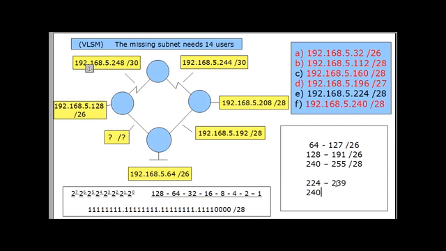So it would go from 224 to 239, 224 being the network number, 239 being the broadcast number, and /28. And we look around here and we can see that for 224 to 239, there are no other networks that occupy that address space. So it would work.